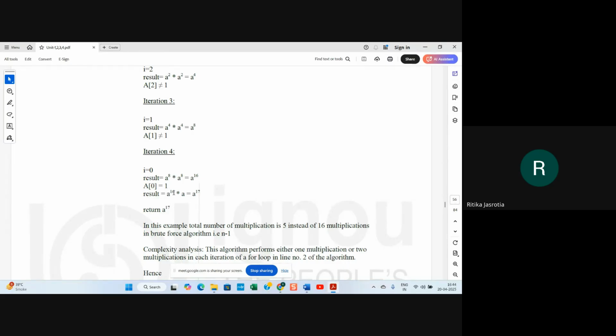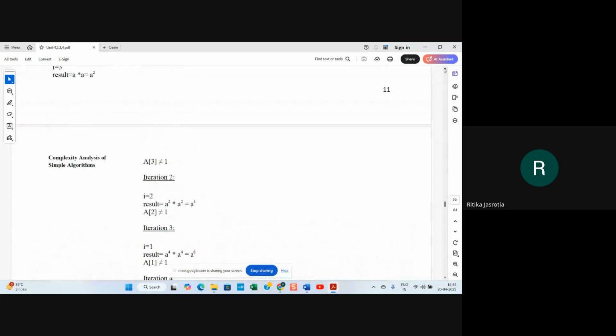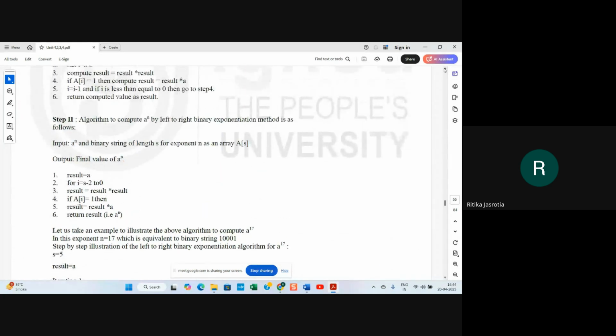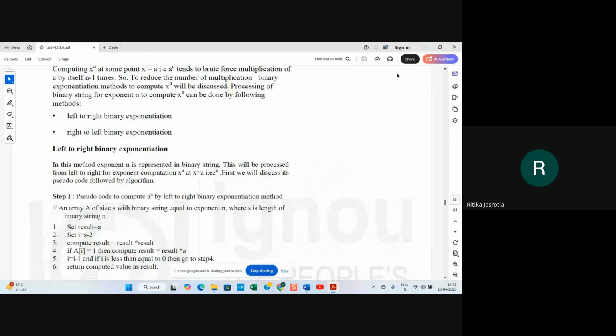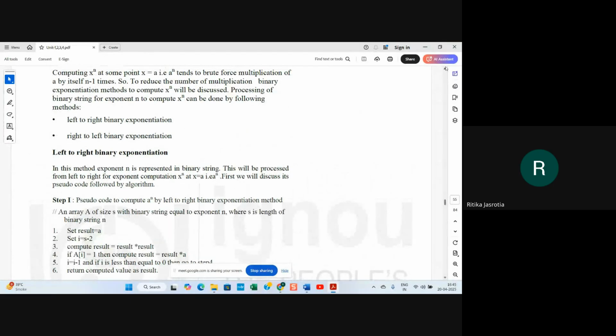Result is equal to A16 into A to the power 1, or simply A. So that means result is equal to A to the power 17. So it is not calculating as we calculate normally. It is calculating in a different format. This format or this algorithm is known as binary exponentiation algorithm.